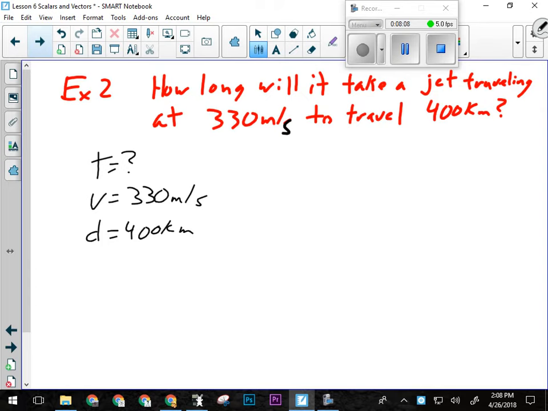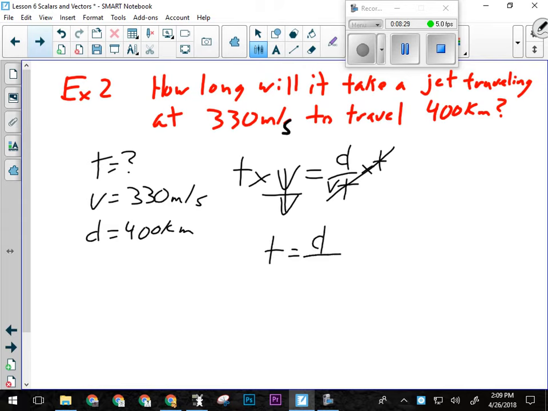So v equals d divided by t, and I'm looking for t. Remembering that I can't solve for something if it is on the bottom of an equation, I need to multiply both sides by t, and then divide both sides by v. So I'm going to end up with t equals d divided by v, and then I just plug in my numbers. d was 400 meters, v was 330 meters per second.